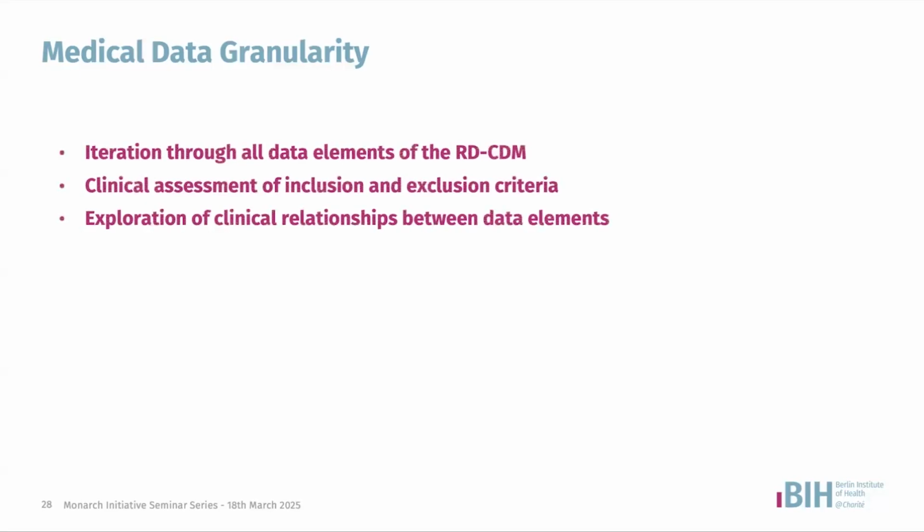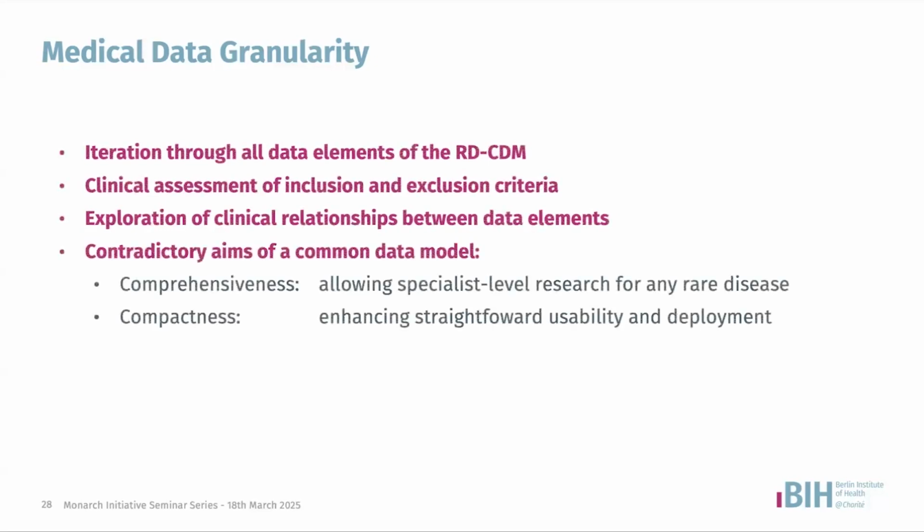But within that paper on this common data model, we assessed the inclusion and exclusion criteria, and we explored clinical relationships between data elements. For specific use cases, you have to be aware of what use cases you can feed with such a data model. And the difficulty lies in the contradictory aims of a data model itself: on the one hand, you want to be very comprehensive to allow specialized research for any rare disease.